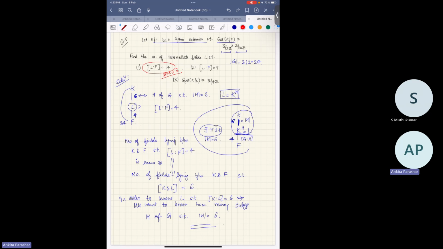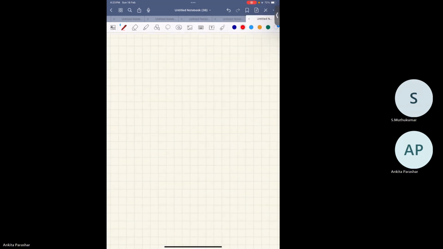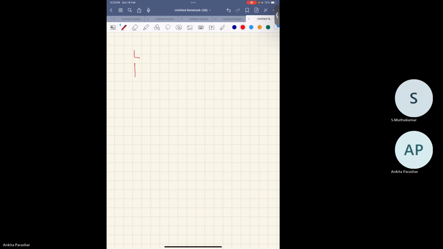Let's go to point number 2, where we want to know the subfields where the extension L over F is 9. Can you find any intermediate field with L over F equal to 9? Let me write this question. K over L over F: if K over F has degree 24, does there exist L such that L over F is 9?